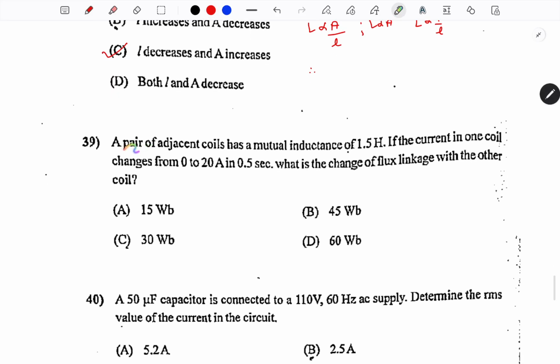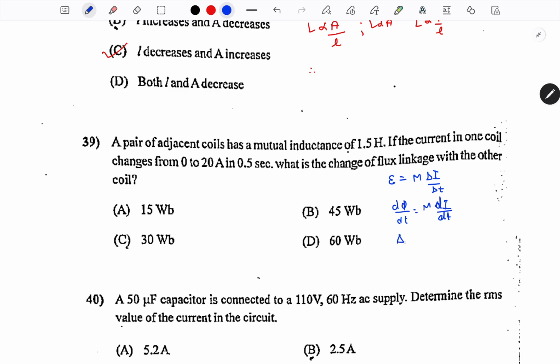Next question. A pair of adjacent coils has mutual inductance 1.5 Henry. If the current in one coil changes from 0 to 20 ampere in 0.5 seconds, what is the change in flux linked with the other coil? We know that for the coil, E is equal to M delta I by delta T, and E is equal to d phi by dt is equal to M di by dt.